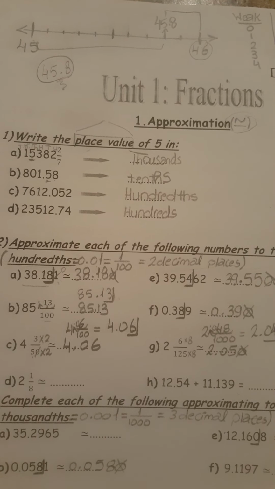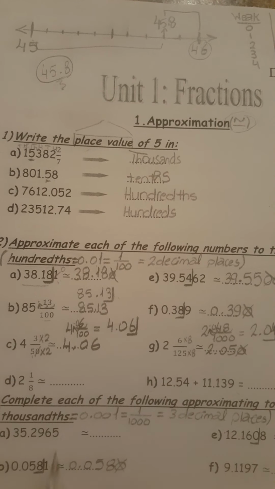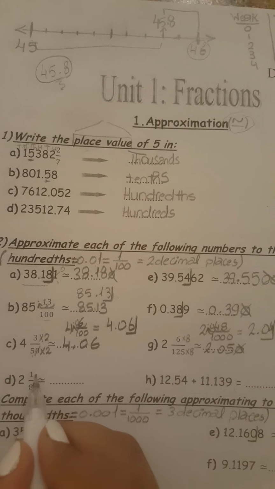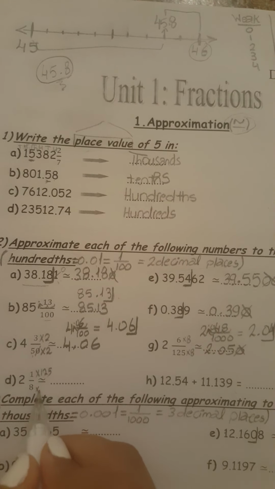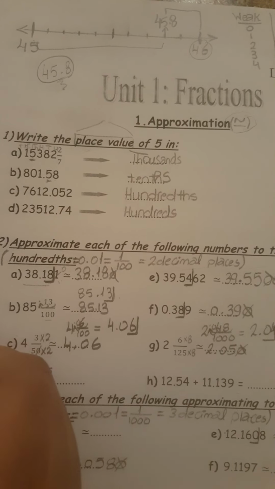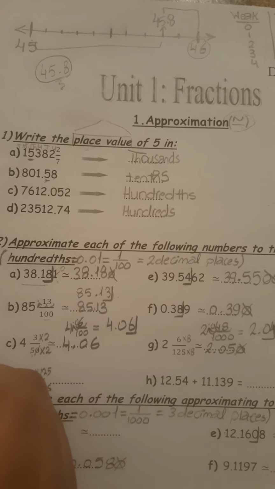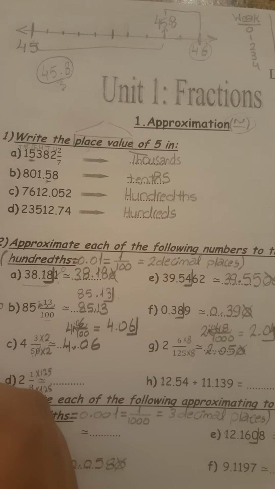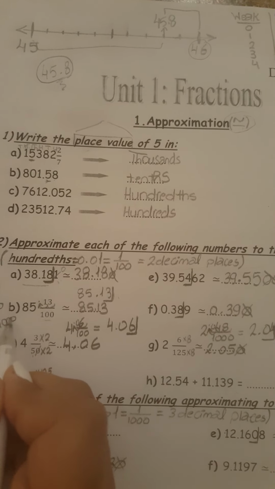Okay. The next one, 2 and 1 over 8. How will I do it? Here, 8 is a friend of 125. Okay, remember the magic box? 5 times 2 equal 10, 4 times 25 equal 100, and 8 times 125 equal 1000.